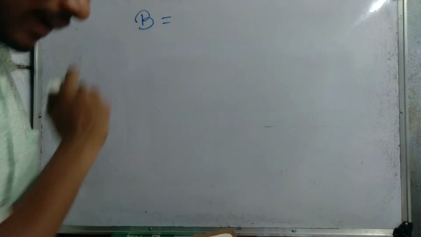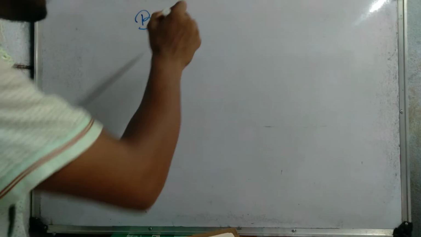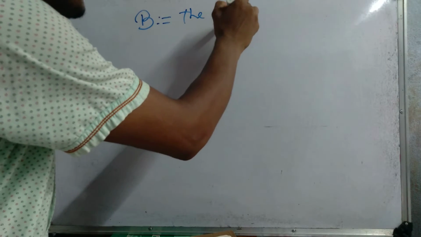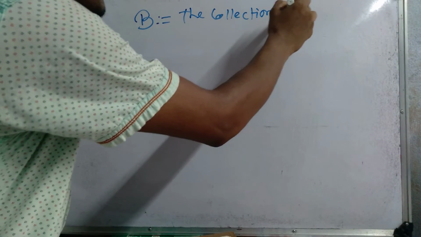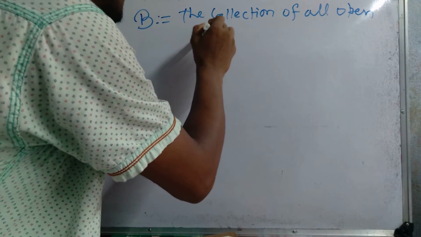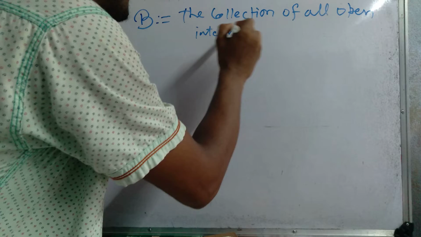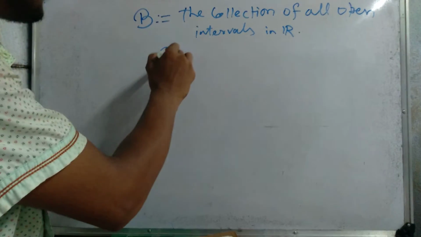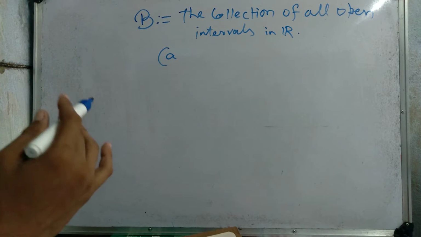Beta is the collection of all open intervals in the real line. How is this?